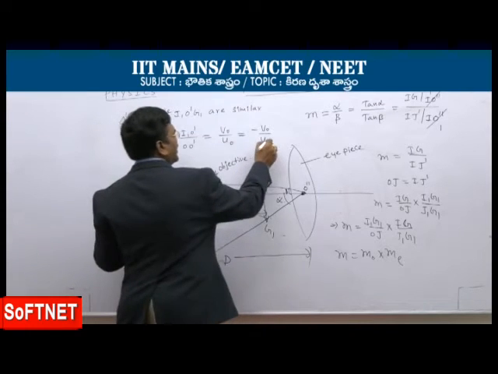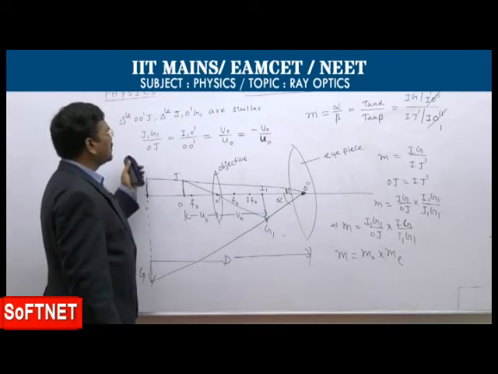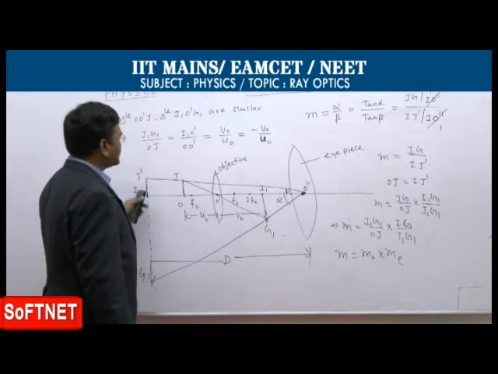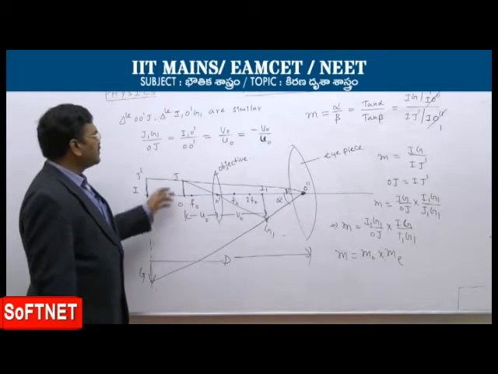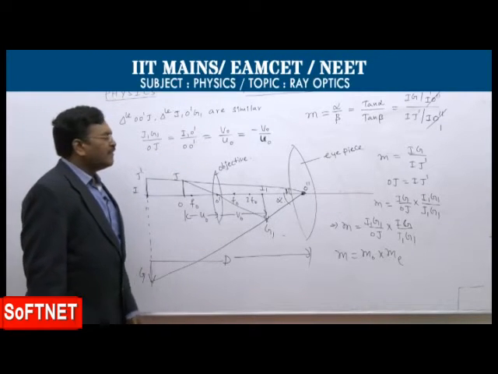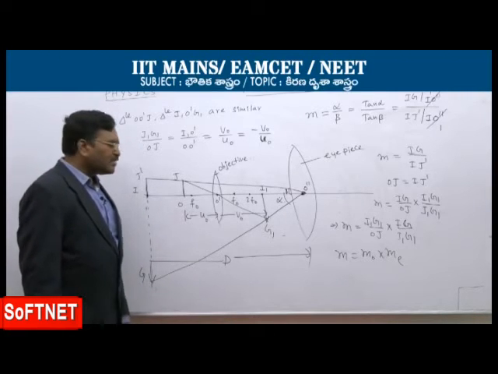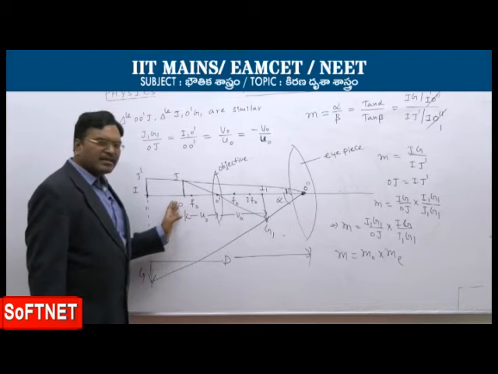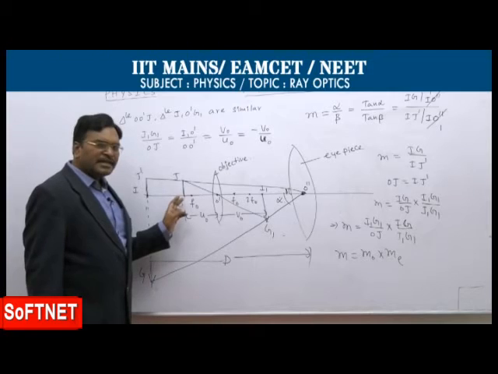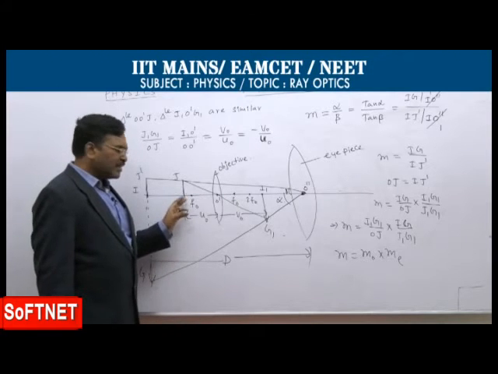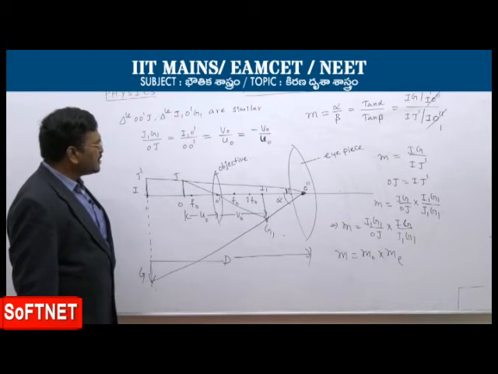Why negative? Because the object distance is measured opposite to the direction of the incident rays. That's why U naught is negative, and it becomes minus V naught by U naught. So M naught is I1 G1 by Oj, which equals V naught by U naught. In some cases, if the object is placed very close to the principal focus, then U naught is replaced by F naught.